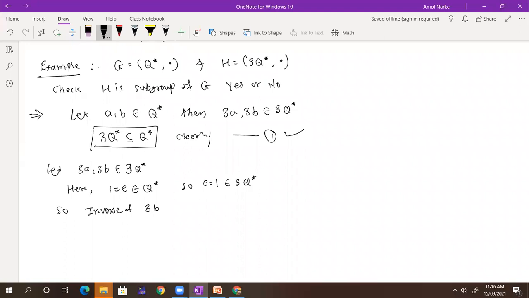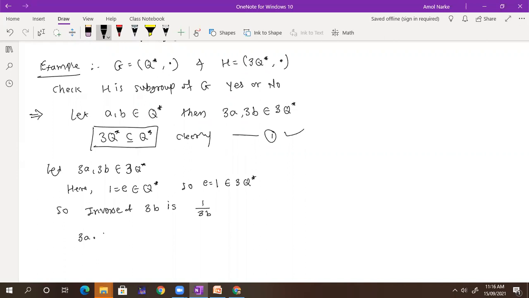Then what is the inverse of 3b? 1 upon 3b is the inverse. Now what I want is a into b inverse, where the elements are 3a and 3b. So it is 3a into the inverse of 3b, which is 1 by 3b.